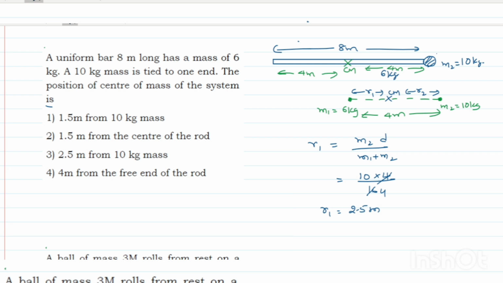That means it is 2.5 meters from the 6 kg mass, and the total distance is 4 meters, so from the 10 kg mass it is at a 1.5 meter distance.